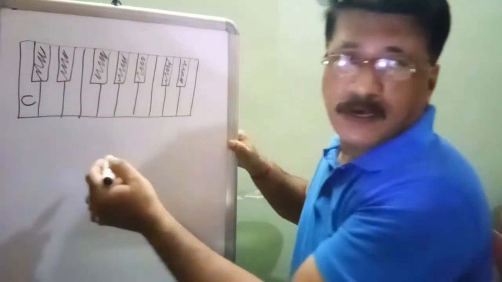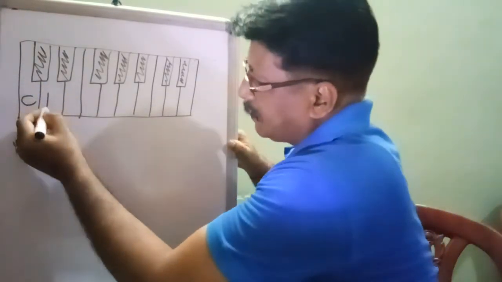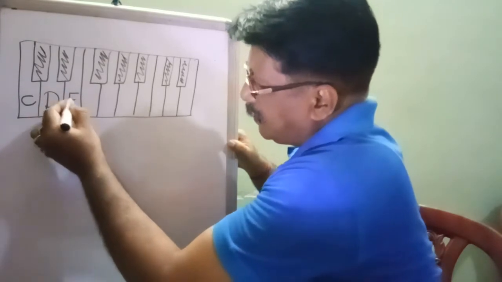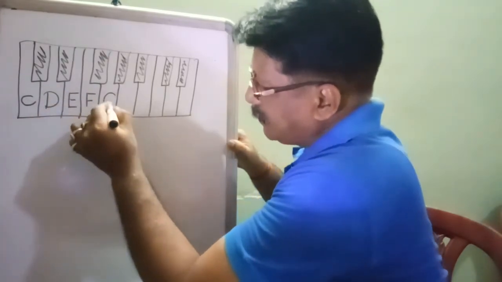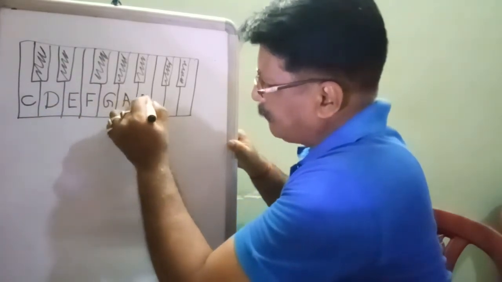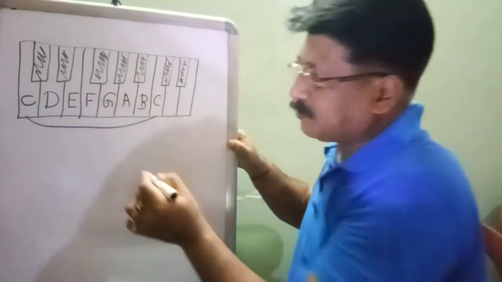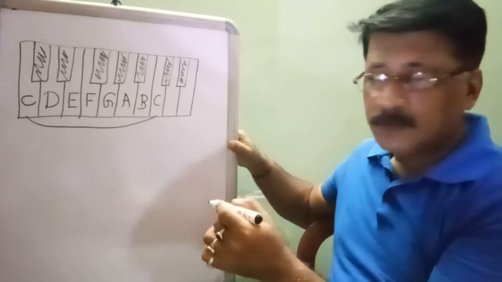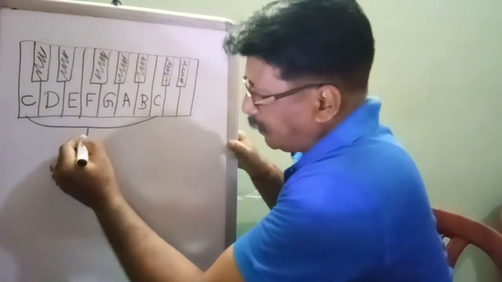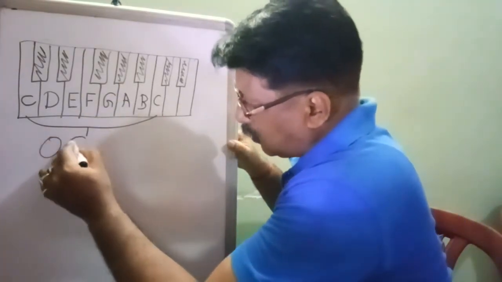Now I will talk about the natural notes. C, D, E, F, G, A, B, C. From this C to this C is one group, and this group of 8 notes is called an octave.